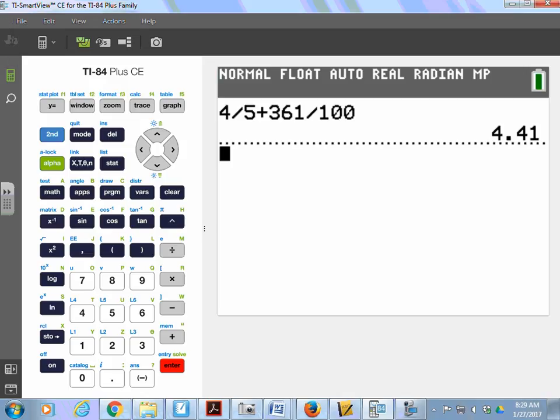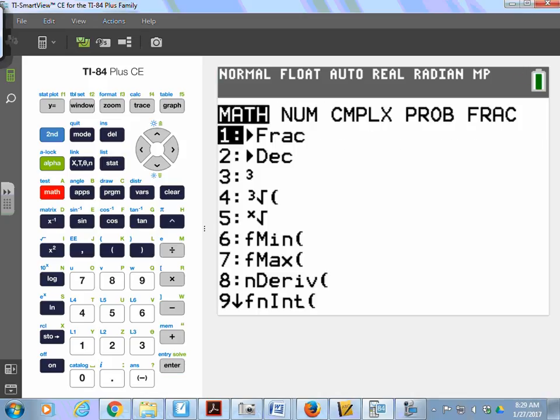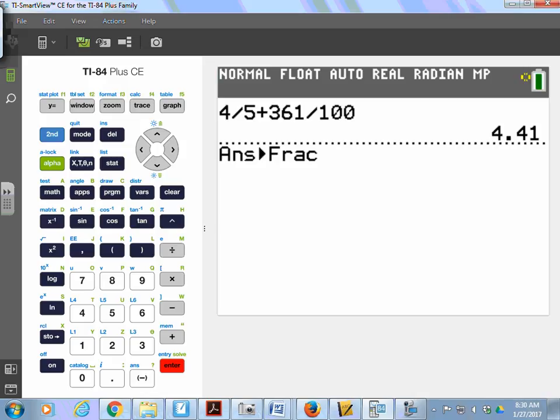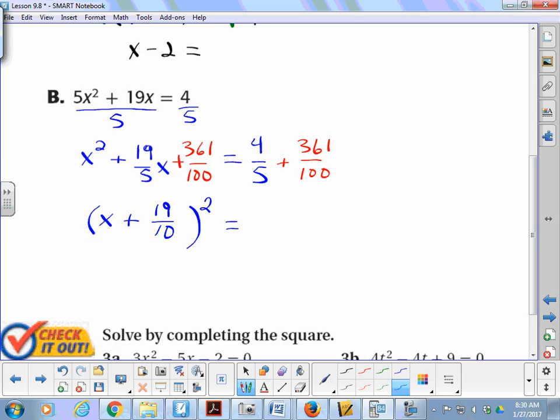So we go math, and the first thing is fraction, hit enter, and we'll convert that to a fraction. So it's 441 over 100. All right, so we're going to use them as fractions, not as decimals.